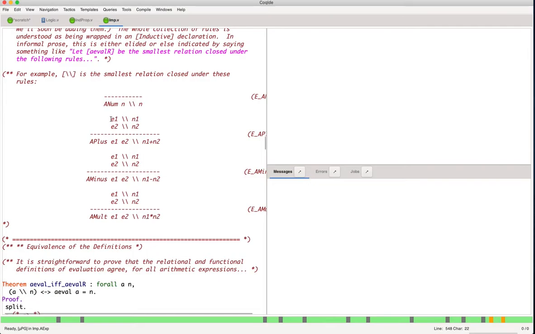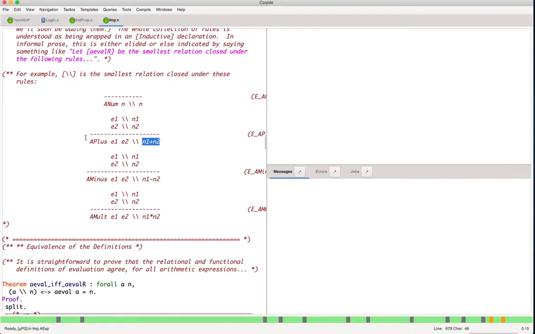It's basically saying if you can show that e1 is related to n1 and e2 is related to n2, then you can conclude that a plus e1, e2 is related to the sum of n1 and n2. The others are similar, just with a different operator.